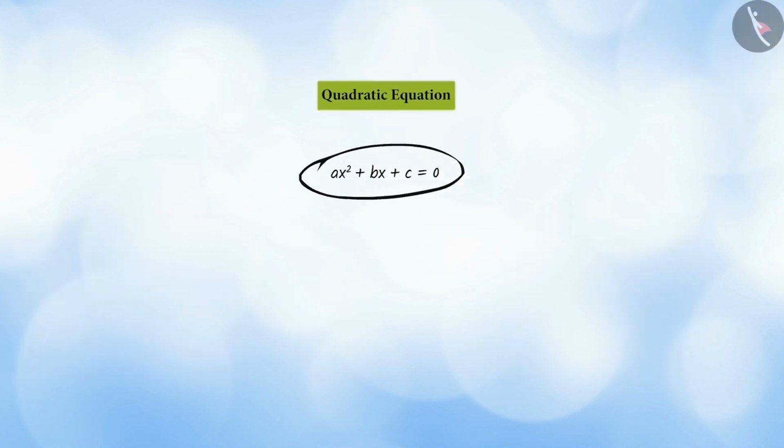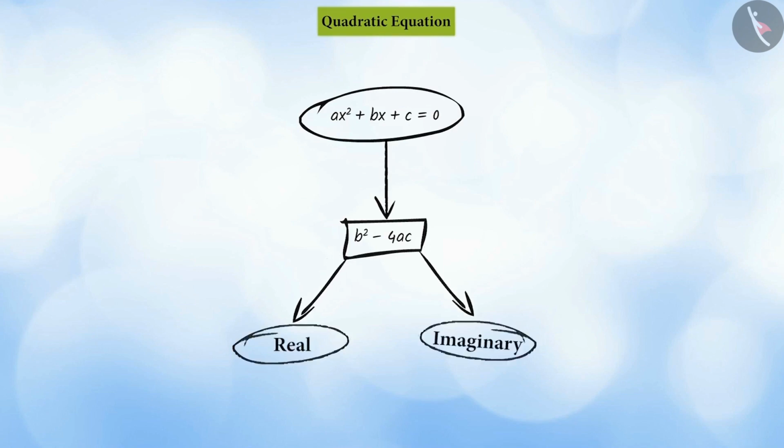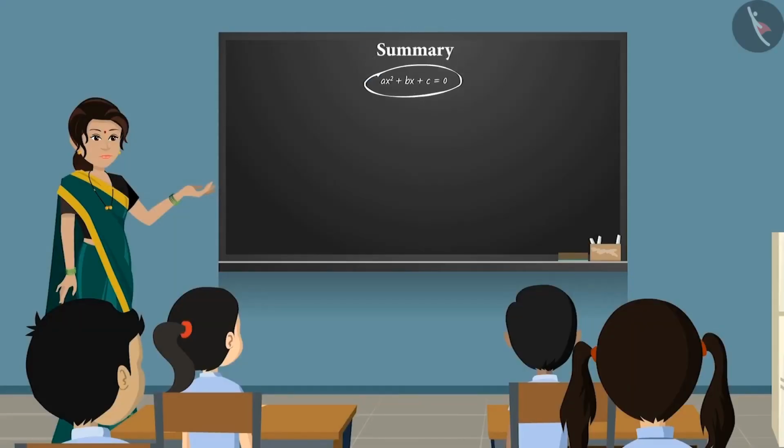You have seen that for any quadratic equation, b squared minus 4ac determines whether the roots of the equation are real or imaginary. Therefore, it is called the discriminant. Today we saw that for a quadratic equation, if the discriminant b squared minus 4ac is greater than 0, that is positive, then the equation will have two unequal real roots.